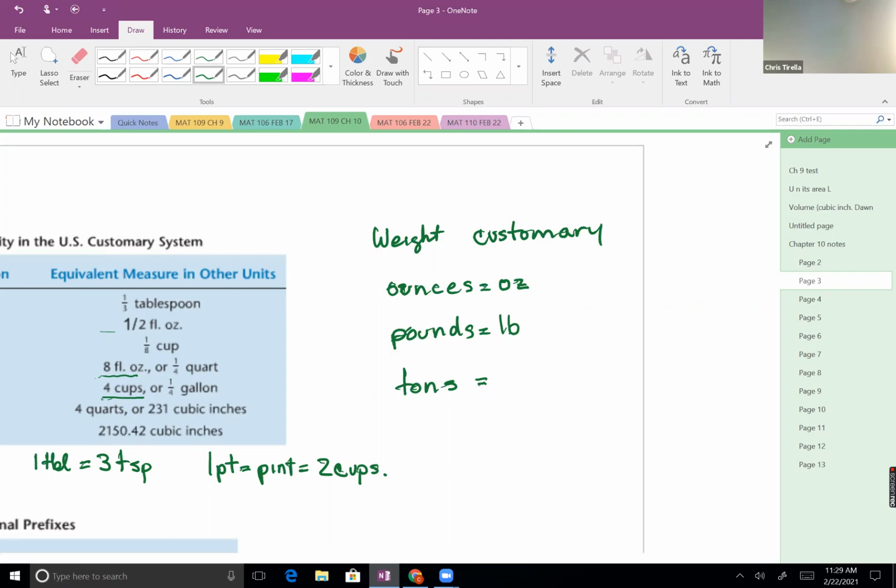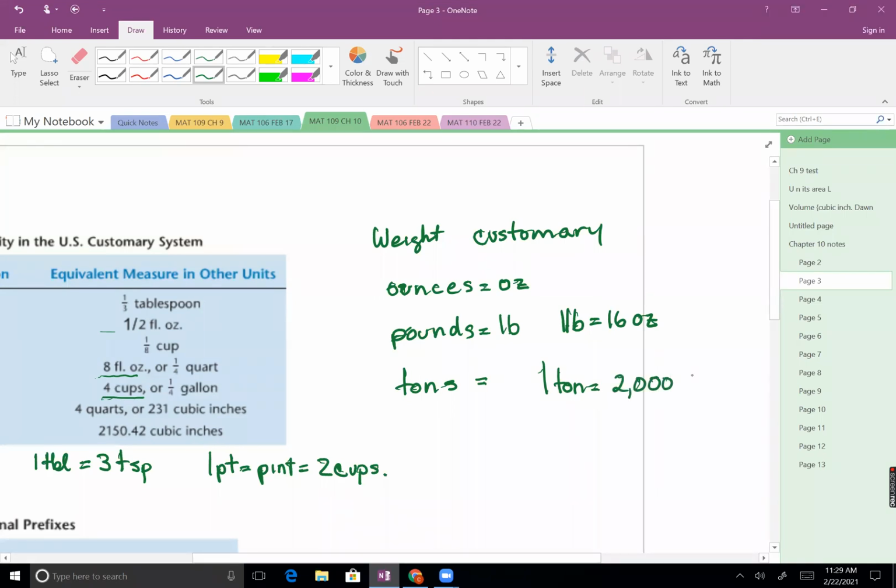Does anybody know the relationship between those? Does anybody know how many ounces are in a pound? Isn't it 16? Yep. So 1 pound is 16 ounces. And does anybody know how many pounds are in a ton? Anybody? 2,000?